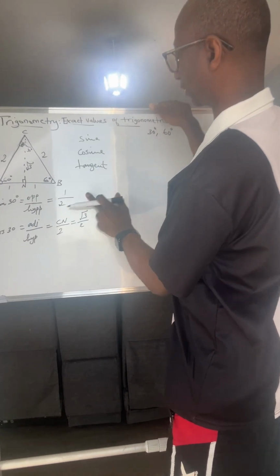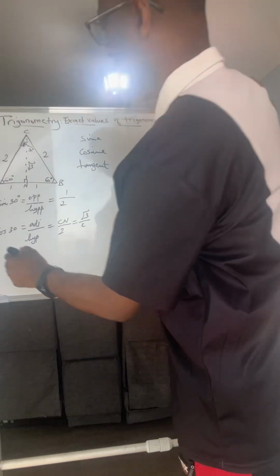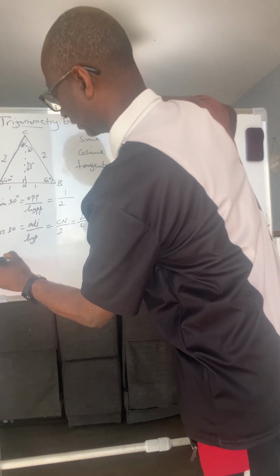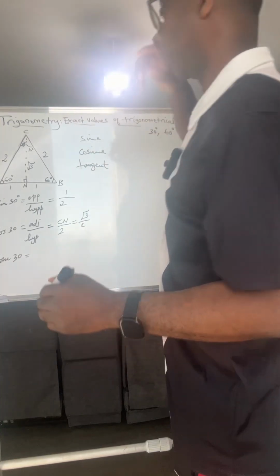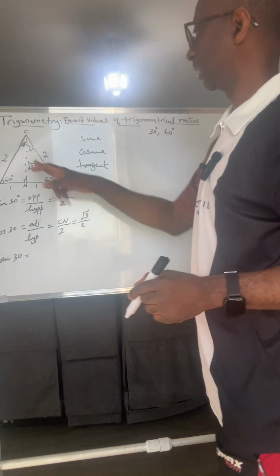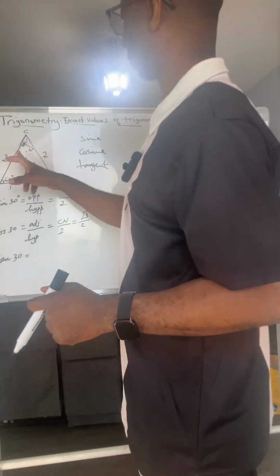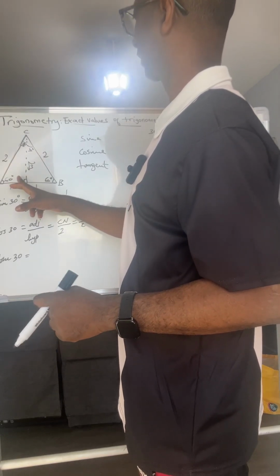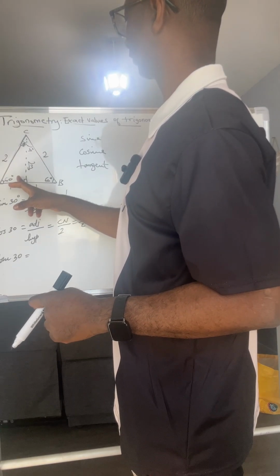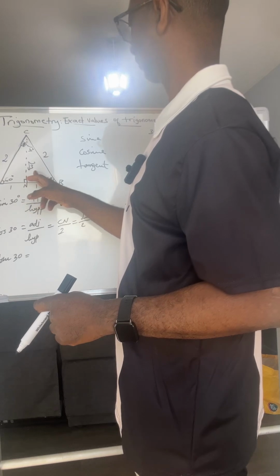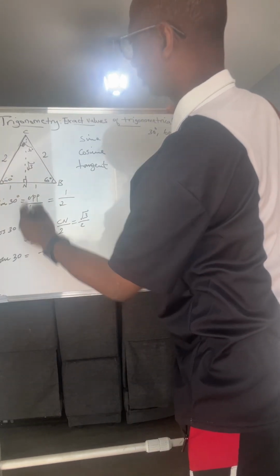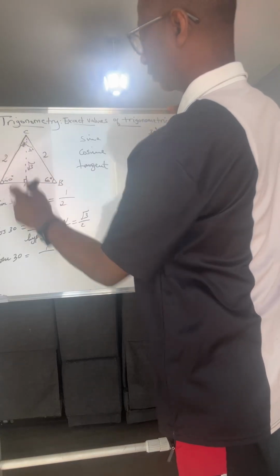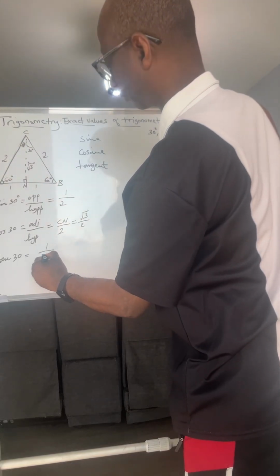What about tangent of 30 degrees? We all know tan is the opposite all over adjacent. So the opposite, which is 1, all over the adjacent, which is root of 3.